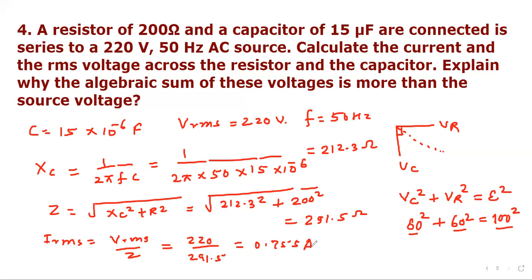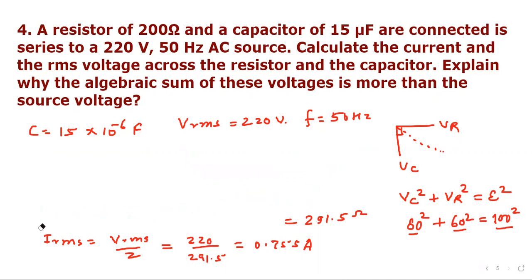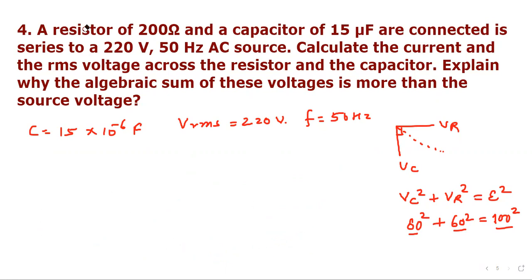Now VRMS across resistance and across capacitance we can find. So VRMS across resistance will be equal to IRMS multiplied by resistance. IRMS we have got as 0.755 into resistance is given as 200 ohm.